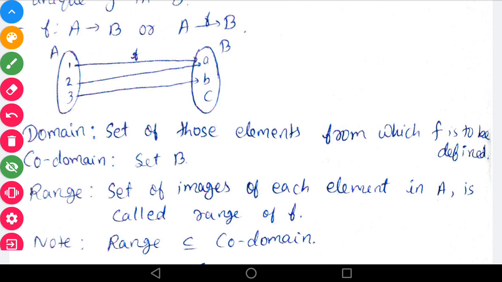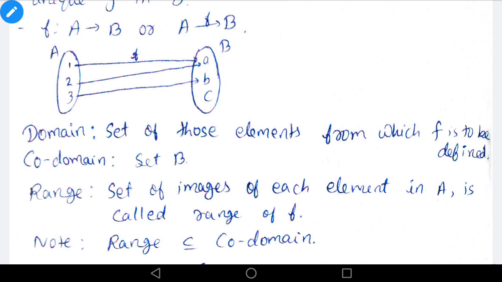Now let's see a few terms. What is domain? The set of those elements from which f is to be defined. Meaning the elements which we can keep in set A, that is known as domain. The values that satisfy the function, that we can keep in the function. For example, let's see f of x is equal to x square.